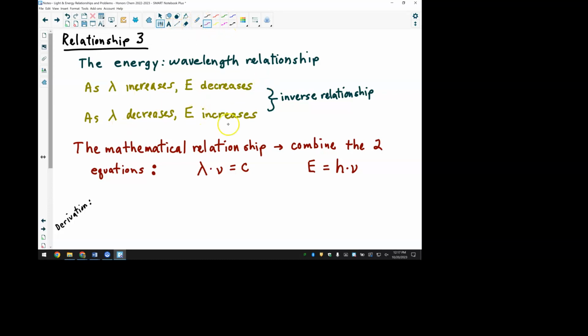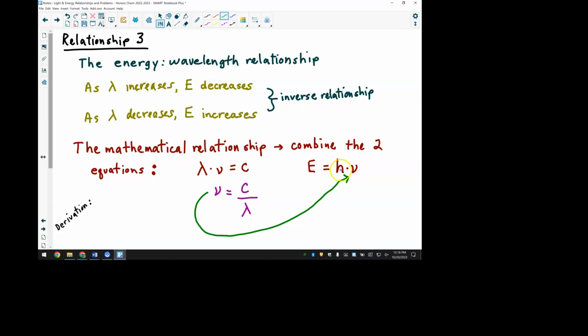What is the mathematical relationship between wavelength and energy? I'm going to solve this for frequency. And then I'm going to substitute that frequency in the energy equation, because I need to introduce energy.